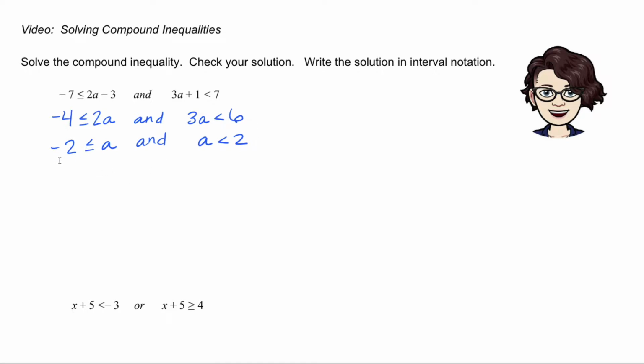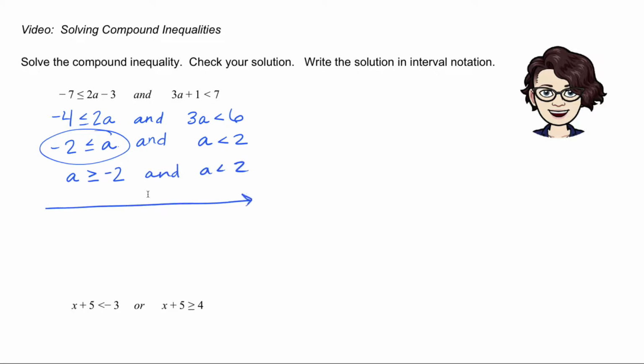So we have this compound inequality solution. Now this looks like what we were graphing from last time. Reminder that here, if it's -2 less than or equal to a, we can change that to a greater than or equal to -2. And we have a is less than 2.